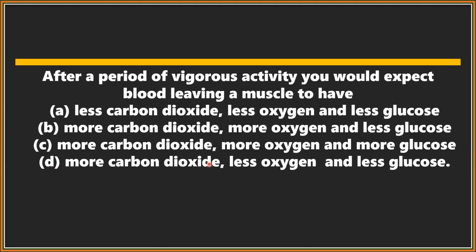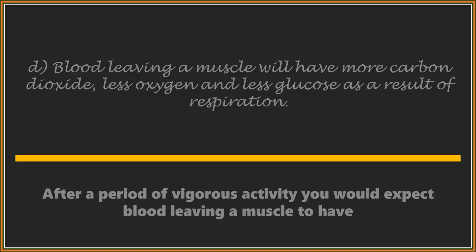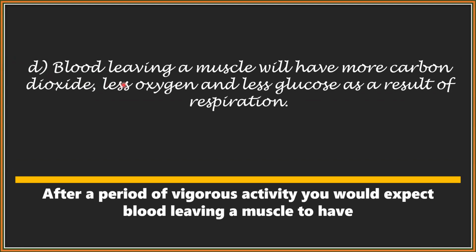D. More carbon dioxide, less oxygen, less glucose. Blood leaving a muscle will have more carbon dioxide, less oxygen, and less glucose as a result of respiration.